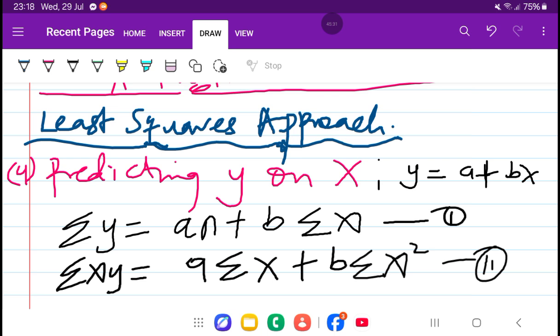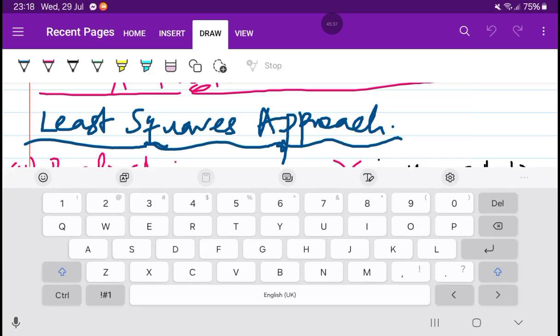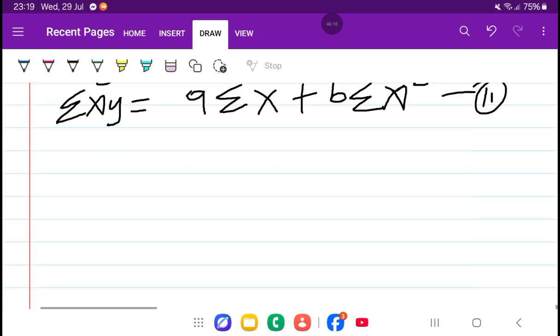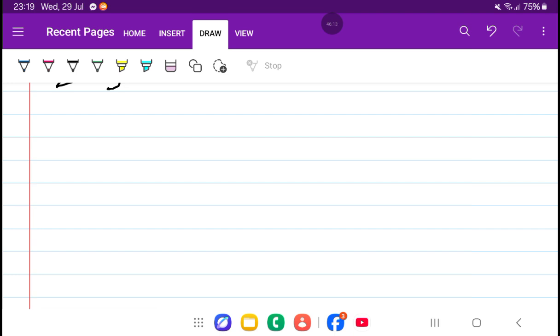But the least squares method helps you to get B, the slope, and it also helps you to get A, the intercept.